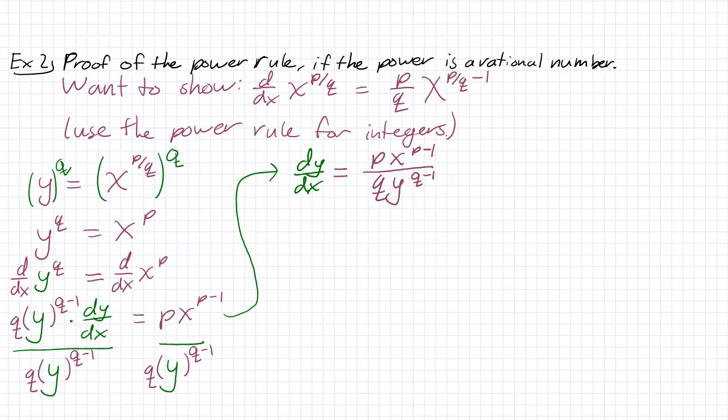And then we can simplify this a little bit. First of all, the p over q is just a constant, so we can take that out. Also, the y, remember y is originally defined as x to the power p over q. I just made up y to be a placeholder for this x to the power p over q function. So that's what we can do here, is just replace it that way.